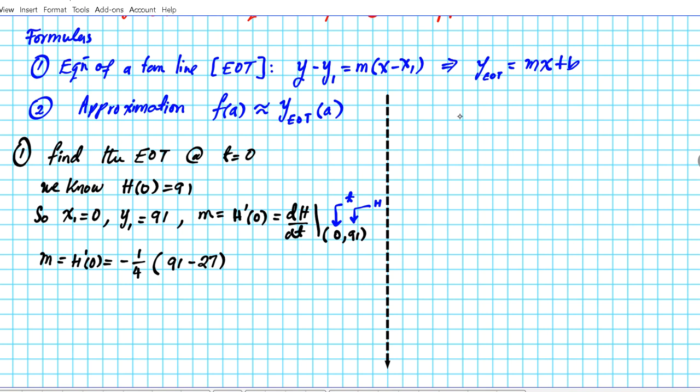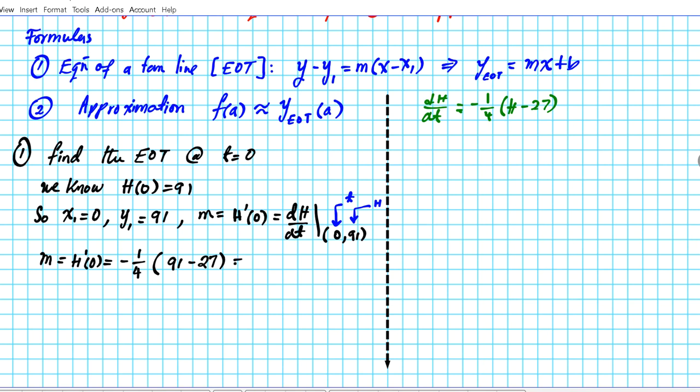So let me put that somewhere here so you can see. We have dh/dt, so the derivative is negative 1/4 times h minus 27. It's the y value, or the h value, that gets plugged into the differential equation in order to get what the slope is. So be careful with that.